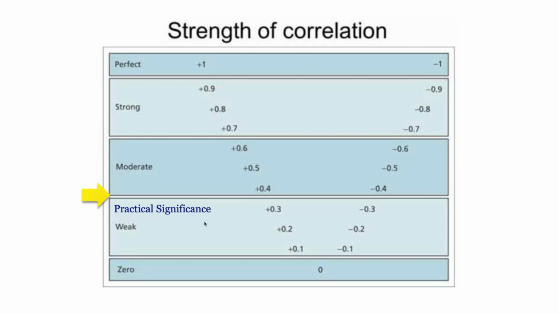We say two variables are weakly correlated if the value is between 0.1 through 0.3 or -0.1 through -0.3. We would say strongly correlated if the value is between 0.7 through 0.9, same with -0.7 to -0.9. But this is a rule of thumb, so you should take this with a grain of salt.